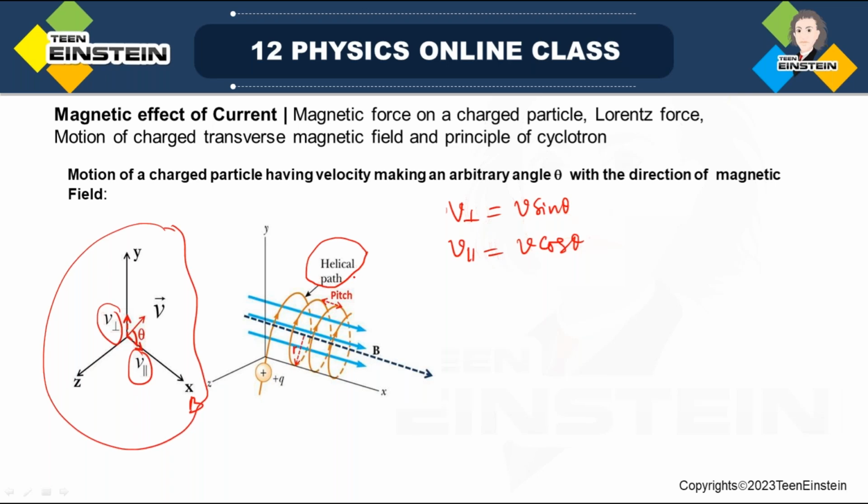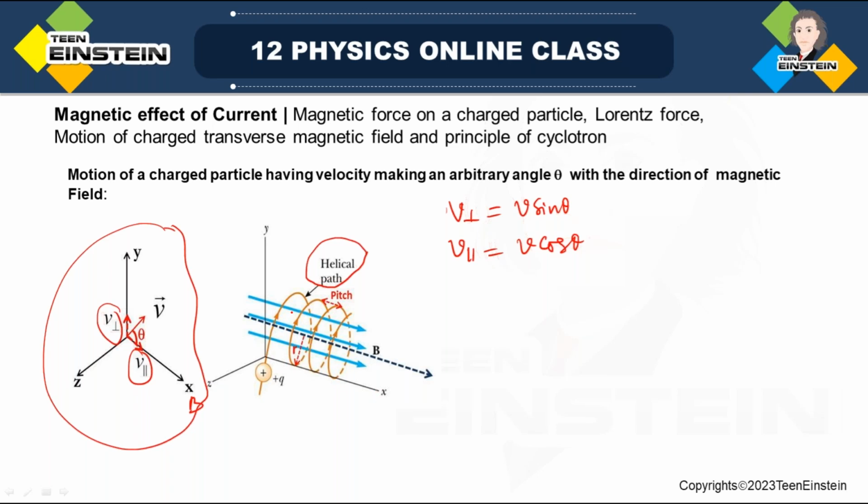So how do we realize whether the path will be helical or not? See, in this case, the charged particle starts from the origin. Earlier, in the beginning, it was moving along this direction, which is making an angle theta with the magnetic field direction.